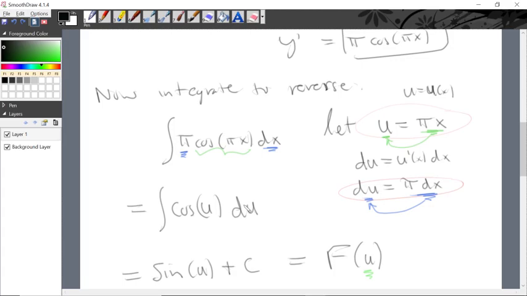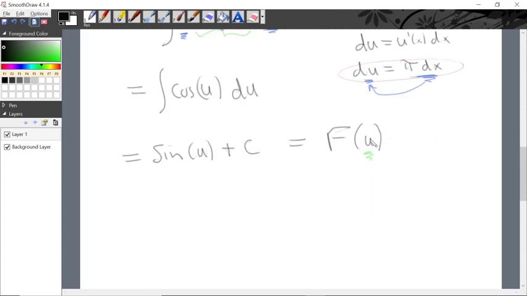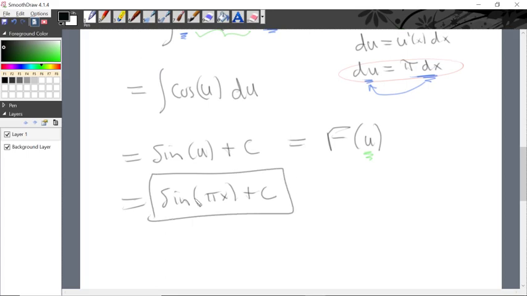How do we do that? By returning to the substitution. We said u is equal to pi times x. So we go to our answer here, sine of u plus c. Well then, replacing u with pi times x, we get the sine of pi times x, and then plus c. And that gives us our antiderivative with respect to the original variable x.